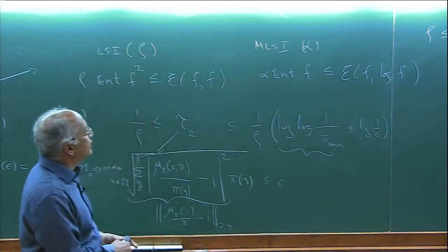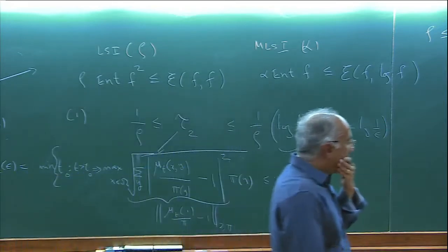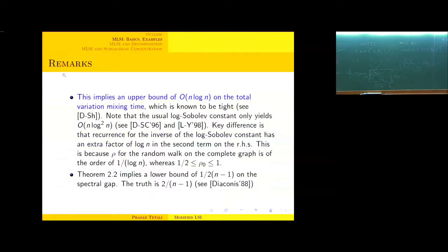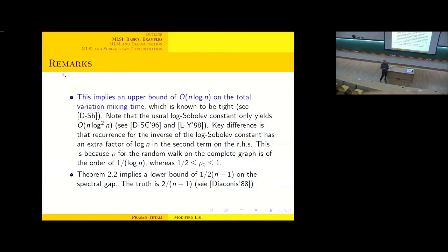The second thing is there's a nice technique or trick called the comparison argument. If you have two different Markov chains with the same stationary distribution, and you know the spectral gap or log Sobolev constant of one, and you would like to use that and get a bound for the other one. As you can imagine, if you could simulate one chain using moves of the other one, you should be able to get bounds using the one that's simulating, since you know the spectral gap.